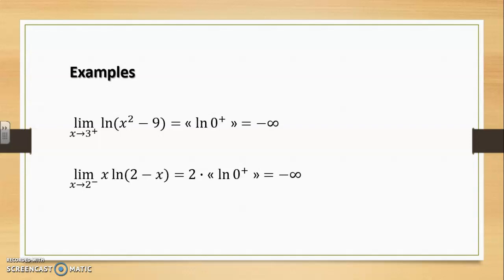As for the inner function of the ln, 2 minus x is becoming closer to 0, but remains positive since we are subtracting a number slightly less than 2 itself. So we have another ln of 0 plus form. 2 is a fixed positive number, and it is multiplying an expression that is becoming really big and negative, and therefore the outcome will be negative infinity.